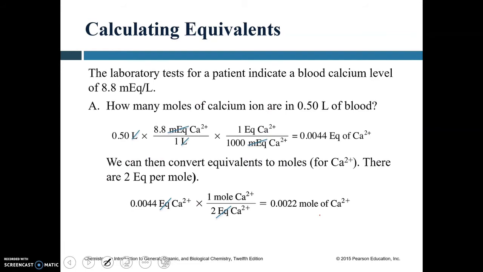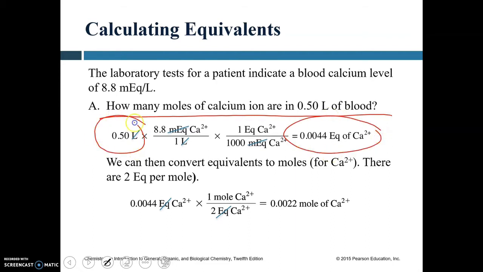Let's calculate the equivalents in the patient's blood. So, the patient has a blood calcium level of 8.8 milliequivalents per liter. The first question is how many moles of calcium ion are in 0.5 liters of blood in this example. So first let's find out how many equivalents of calcium we have per half liter of blood.